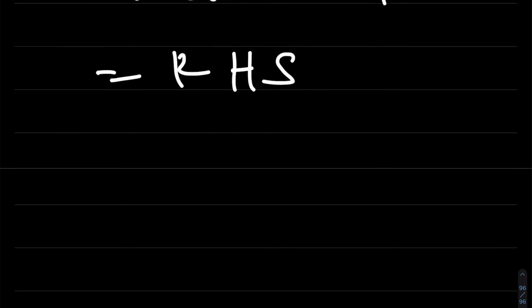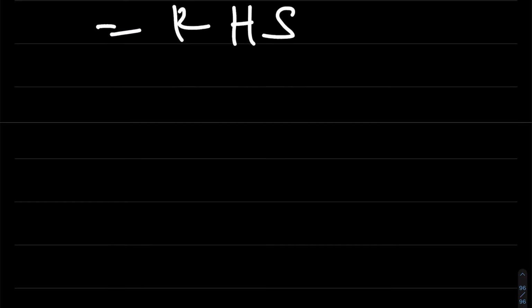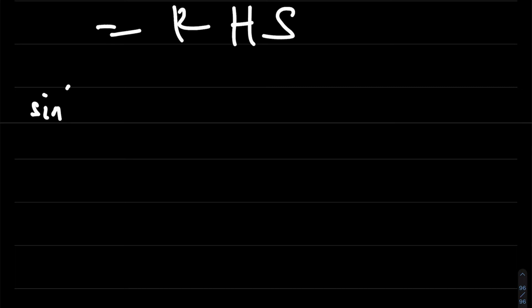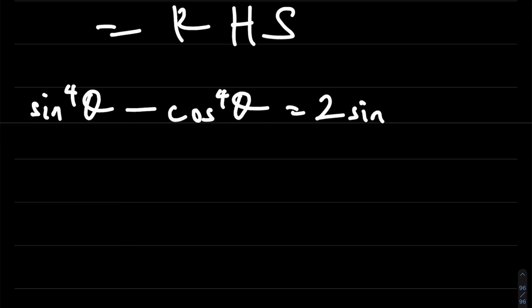Now, we go straight to the next, which is show that sine to the 4th power of theta minus cos to the 4th power of theta equals 2 sine squared theta minus 1.